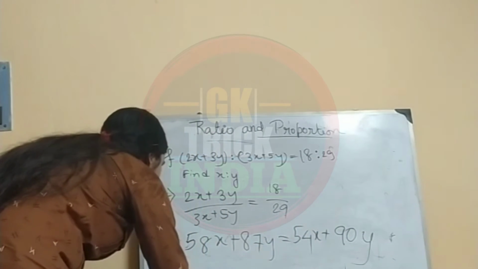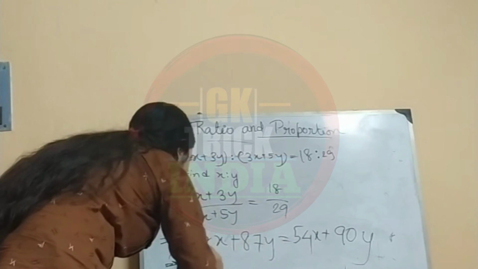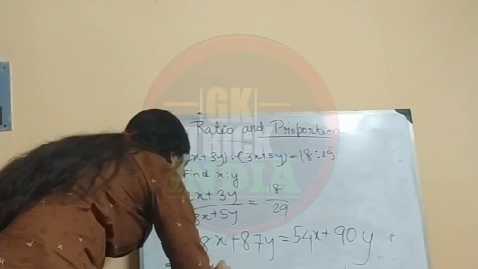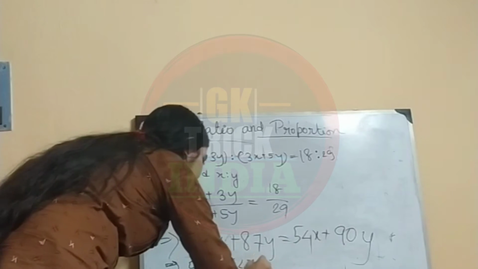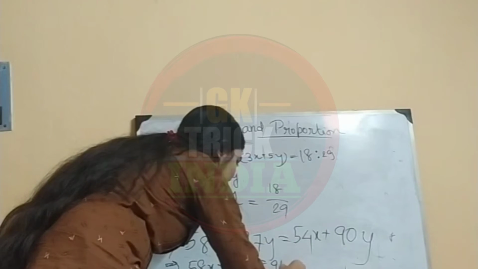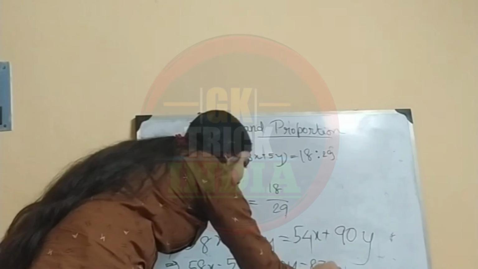Yeah, so just take the x to one side. 58x minus 54x equals 90y minus 87y.